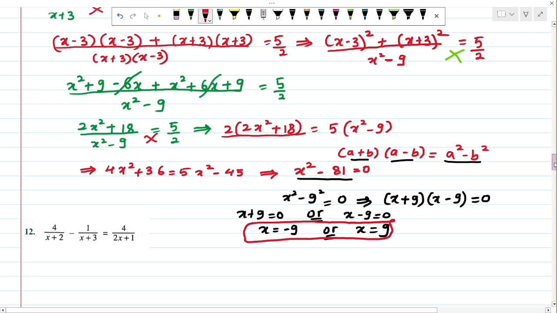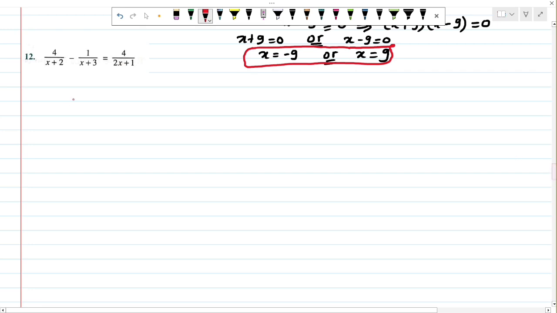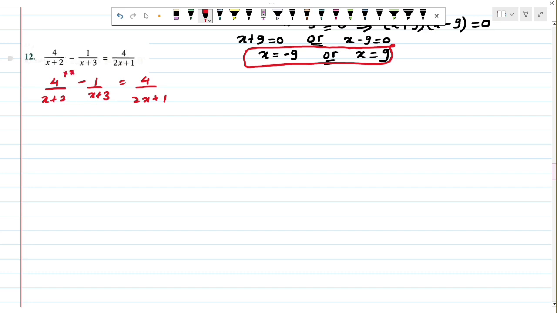I hope this is clear for everyone. So now the next one is 4 divided by (x plus 2) minus 1 divided by (x plus 3), which is equal to 4 divided by (2x plus 1). So what I'll do here is I'll again take the LCM. For x plus 2 the LCM is x plus 3 and for x plus 3 the LCM is x plus 2.